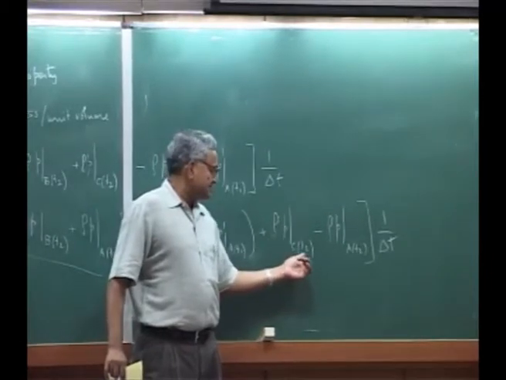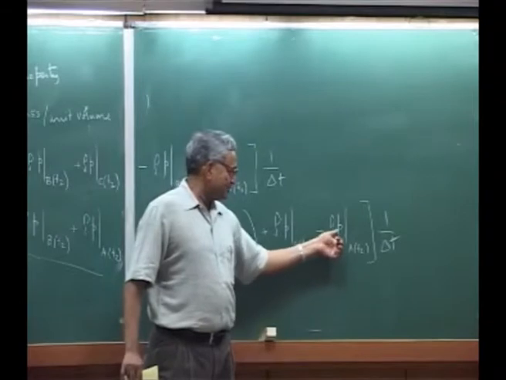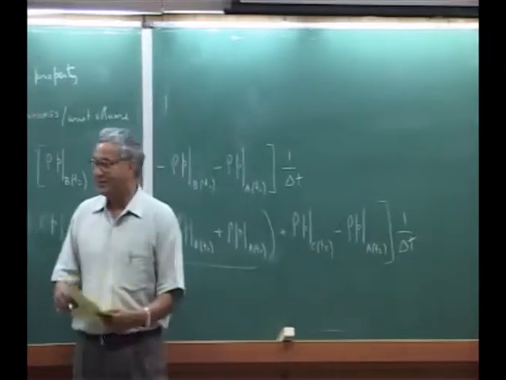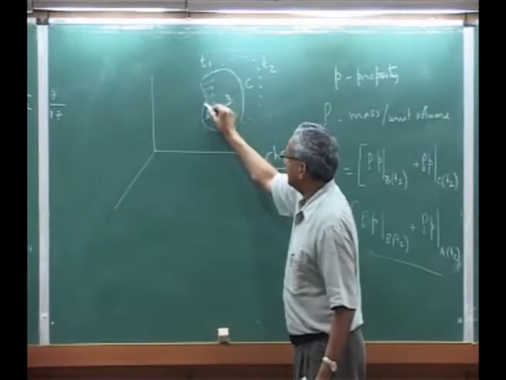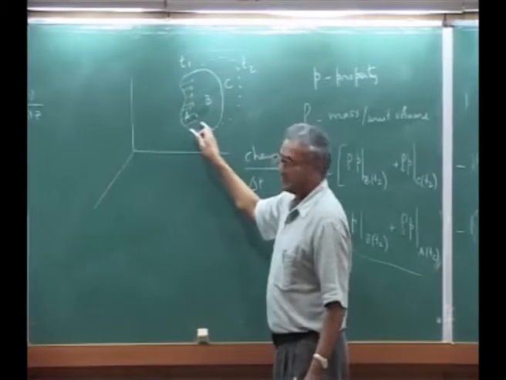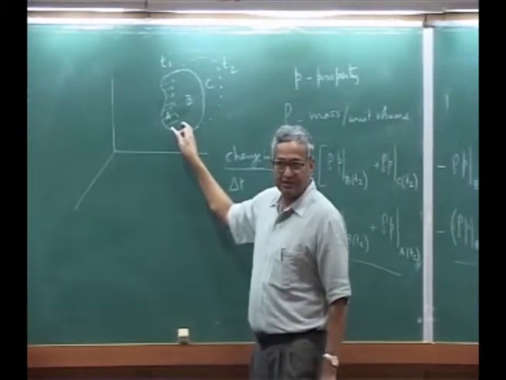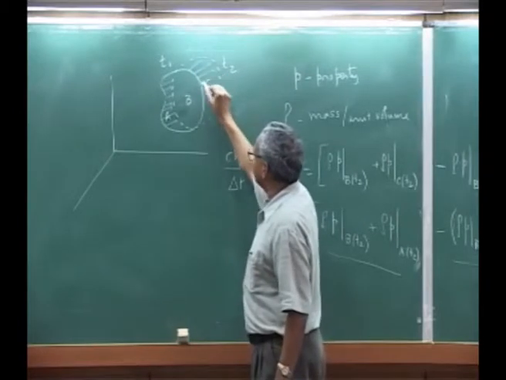Rho P C T2 minus rho P A T2. That means this region, whatever has come in, because this surface has gone out here. Similarly, this surface has gone out here.